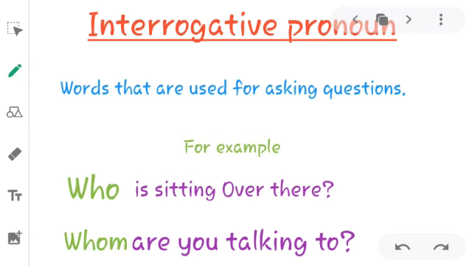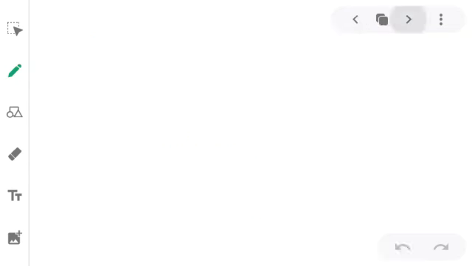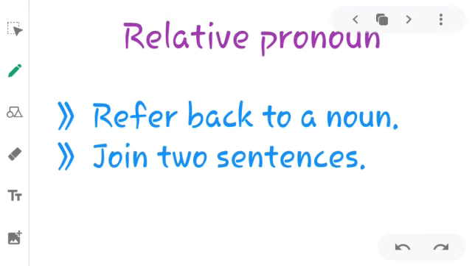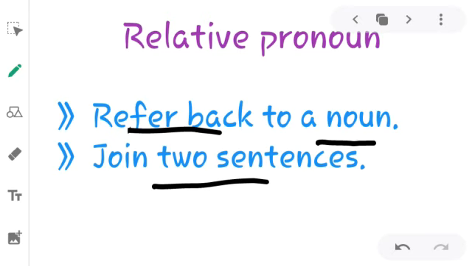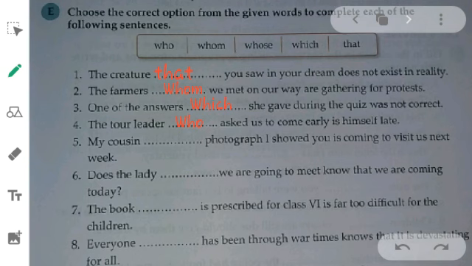But if we ask a question by using these pronouns and we put a question mark after it, that will be an interrogative pronoun. But if we are using the same words like who, whom, whose, which, but not for asking questions, it's for referring back to a noun or joining two sentences, and we are not putting a question mark, that means it will be a relative pronoun.